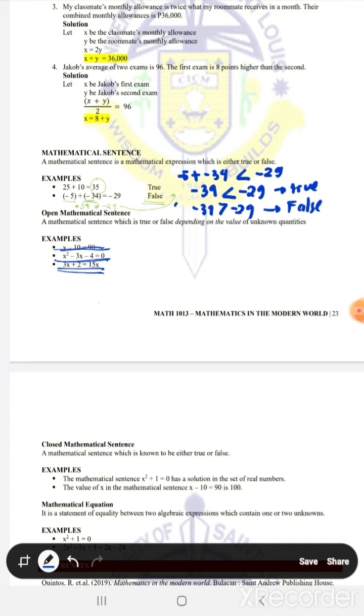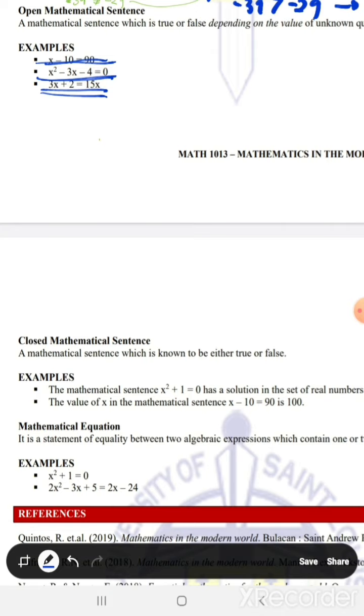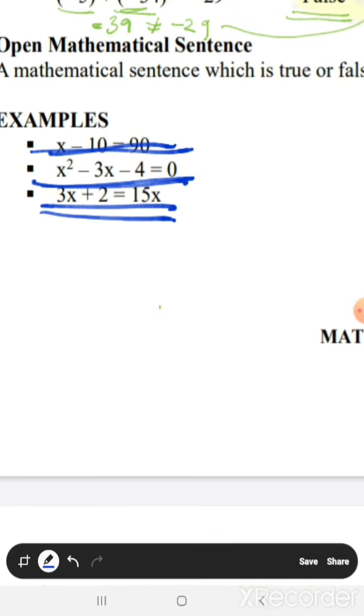So, upon solving for the value of x, you are making a closed mathematical sentence, which is known to be either true or false. So, in order to make a statement true, solve the problem.